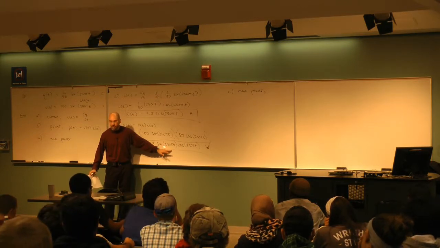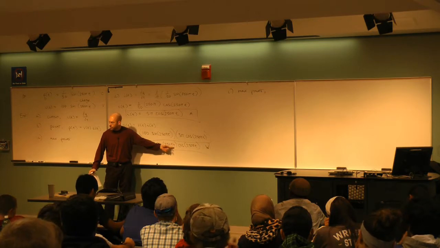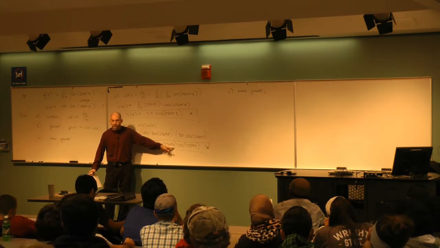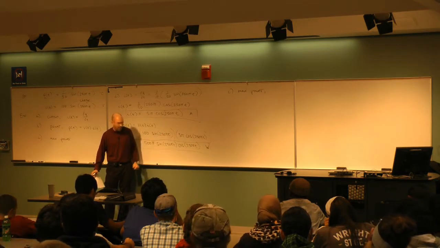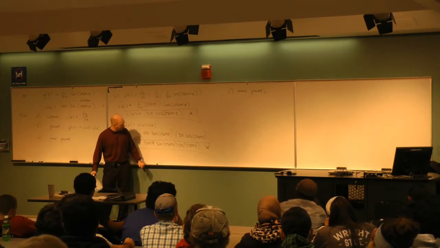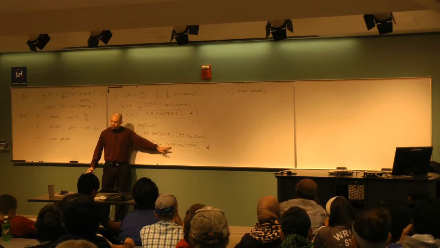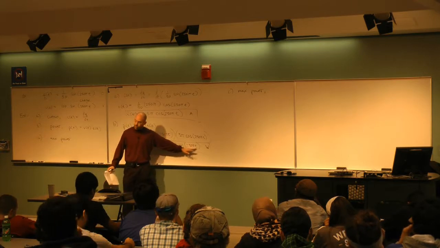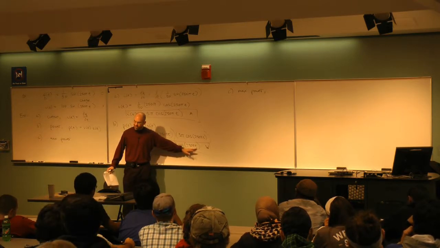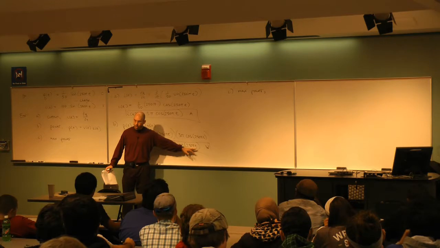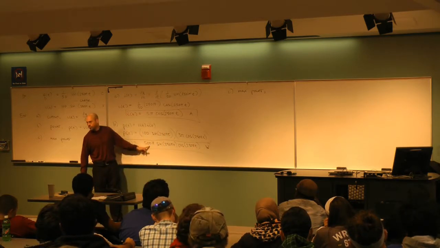Pi over 2 radians, right? So I could solve for the time: 250 pi t equals pi over 2. The place where the sine is a maximum is the place where the cosine is what? 0.